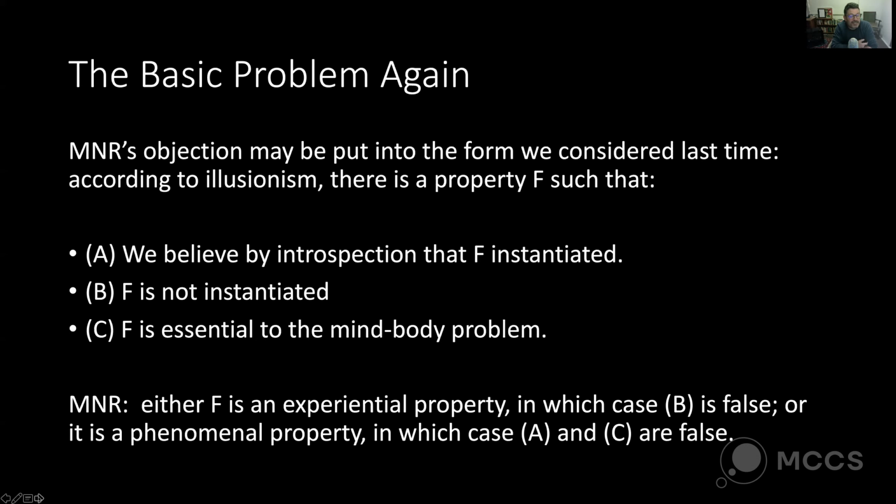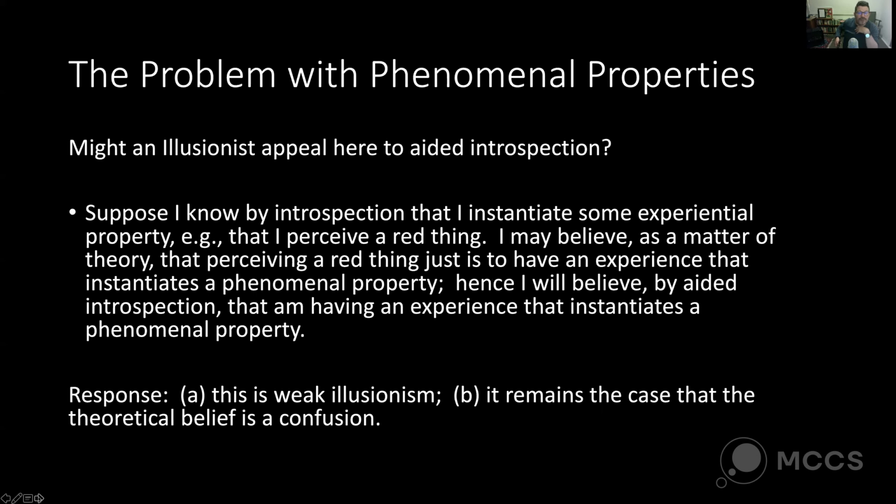F is not instantiated. That would be to say that people are not happy, do not smell basil, do not perceive red things, and so forth. And that, she thinks, is absurd. It's not absurd to say, perhaps, that phenomenal properties are not instantiated, but it would be mistaken to think that we believe by introspection that those properties are instantiated. That would be to interpret us in a quite mistaken way in the light of this confusion.